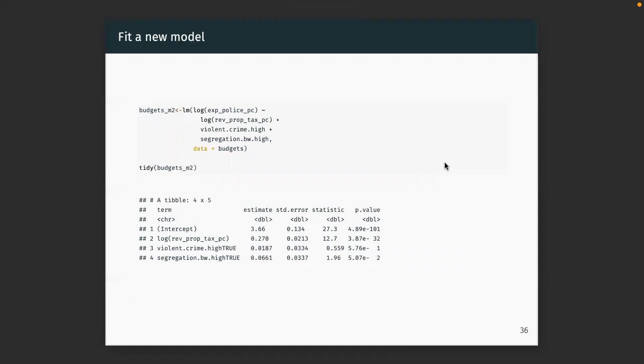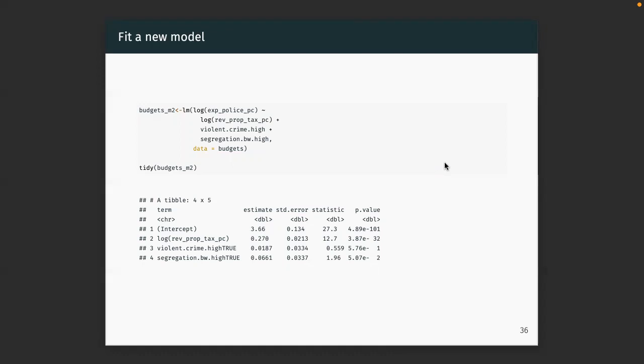I'm going to take the logarithm of both police spending and property tax revenues because they both have large outliers and are clumped towards zero. And we get slightly different results here. Our segregation measure is now statistically significant when it wasn't before, right? Our crime measure is not, interestingly, but I wouldn't put too much stock in that, right? Because these are predictive models.